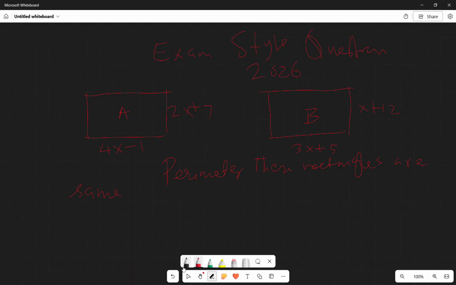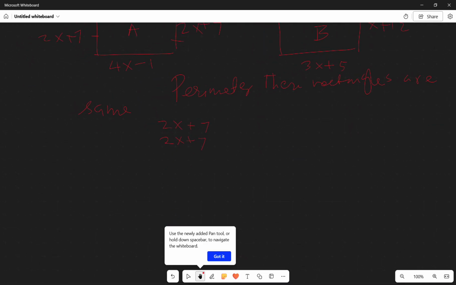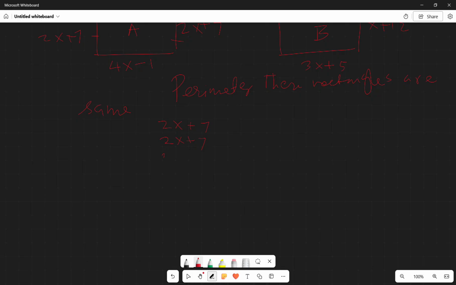Whenever they say the perimeter is the same, how do we work out this type of equation? Look at this one. I'm going to write 2x plus 7, 2x plus 7, because this side equals this side. And now 4x minus 1, 4x minus 1.